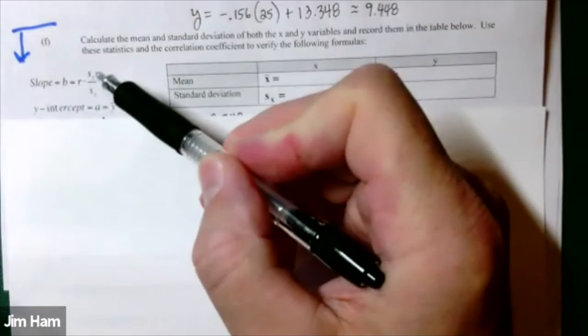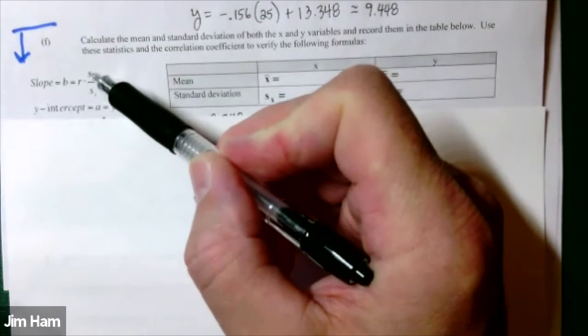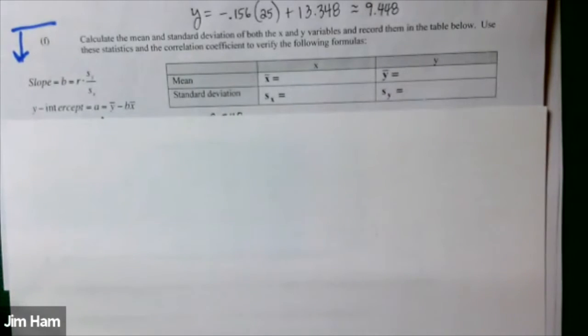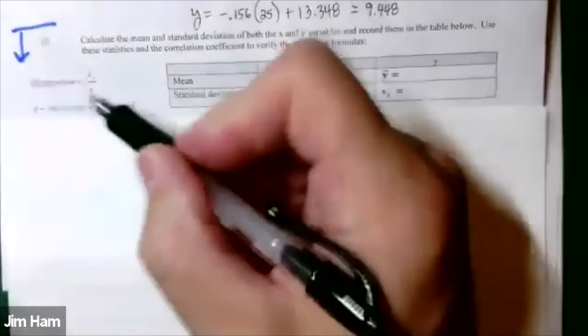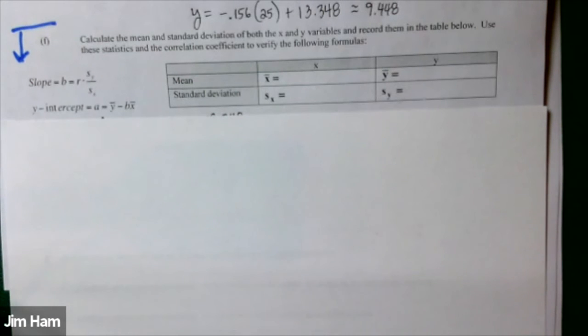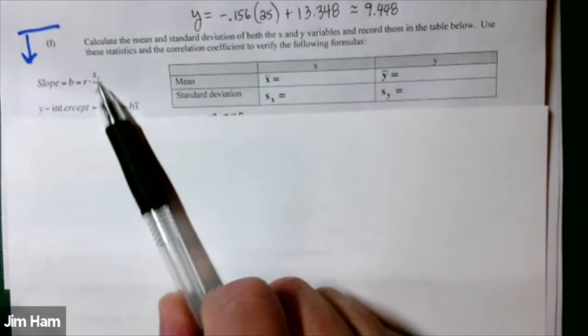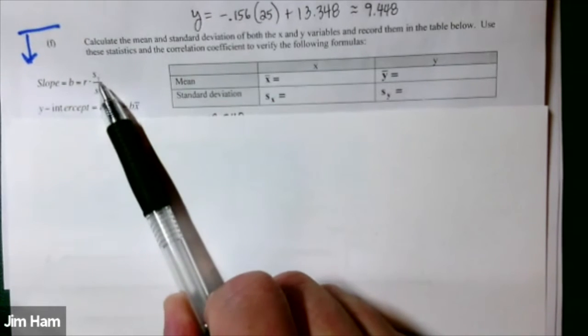Now, these are standard deviations: the standard deviation of the y coordinates and the standard deviation of the x coordinates. Standard deviations are always positive. So when you take one positive number and divide by another positive number, you get a positive number. So the slope is the correlation coefficient times this positive number.